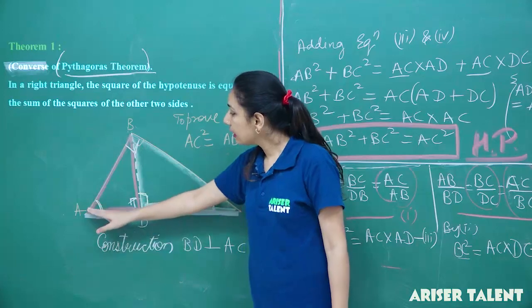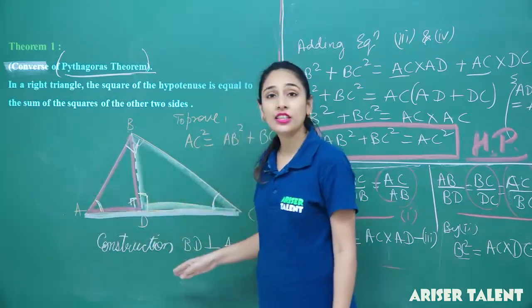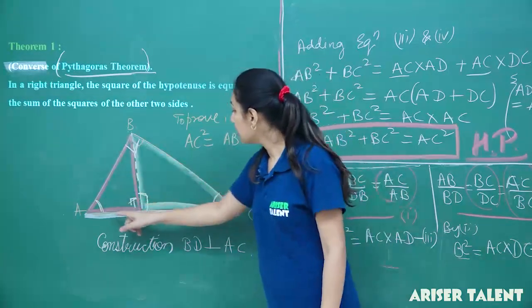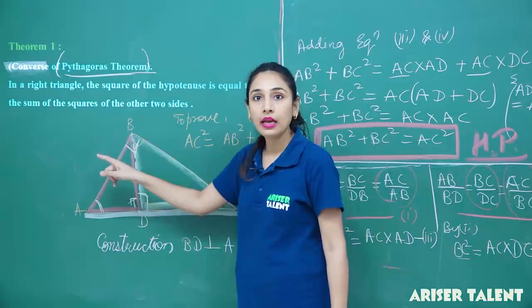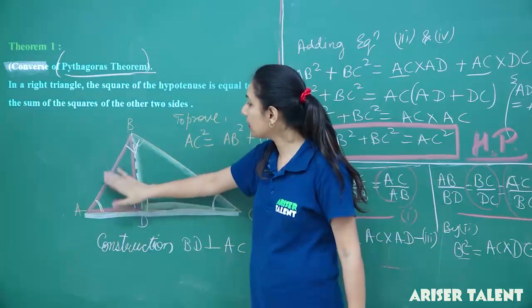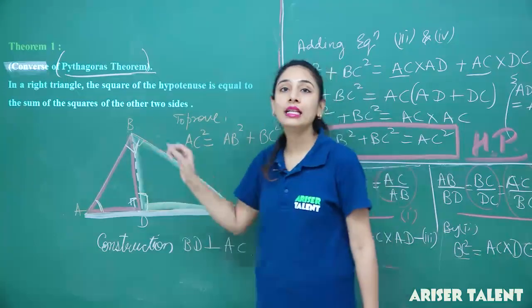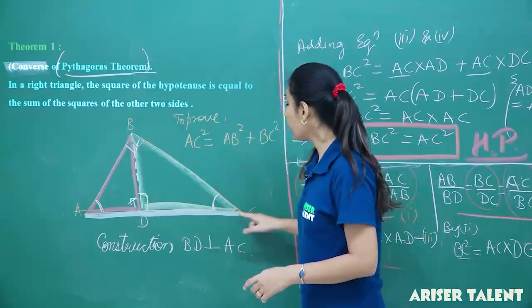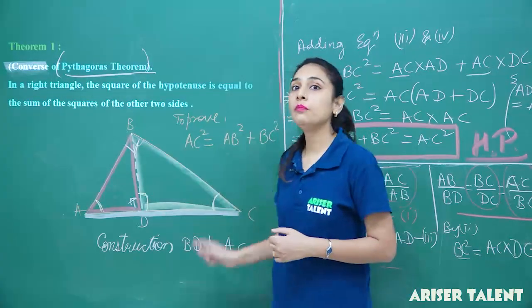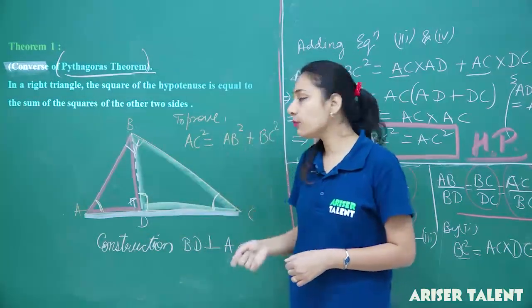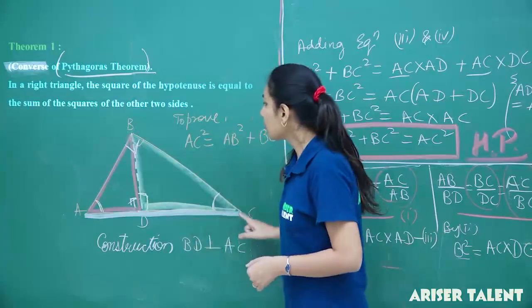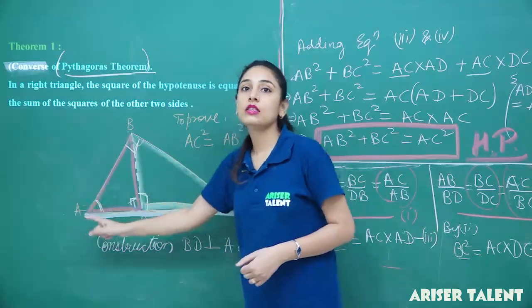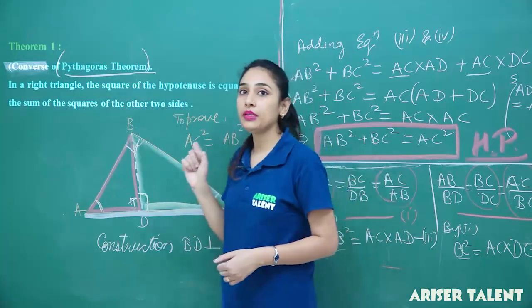We took this pink triangle and the complete triangle ABC, and we proved that this triangle is similar to triangle ABC. Then we took this yellow triangle DBC and the complete triangle ABC, and proved that triangle BDC is similar to triangle ABC.